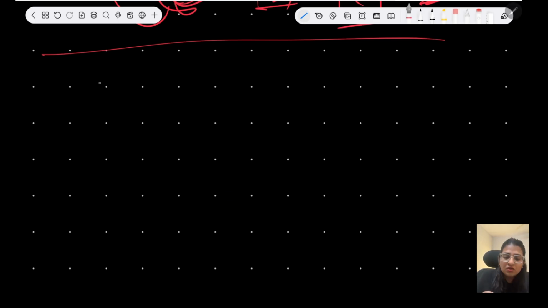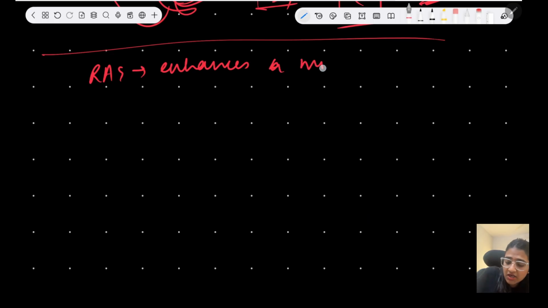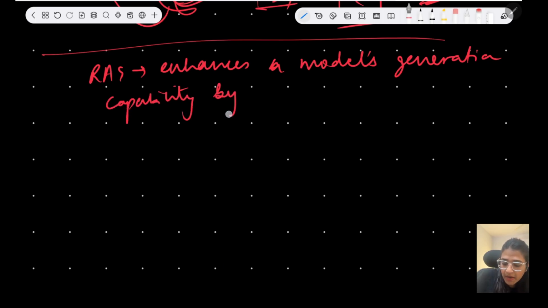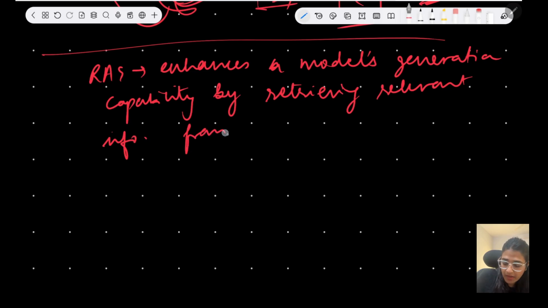So coming to a definition, we will say RAG is a technique that enhances a model's generation capability by retrieving relevant information from an external memory source.